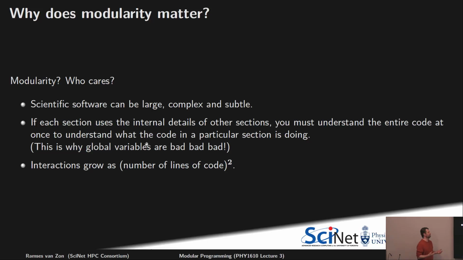The best way to go about this is to section these things off, to find portions of your code that can be bundled together in modules and that you can attack separately and debug separately and track separately, and maybe even give to different people to work on in your lab.